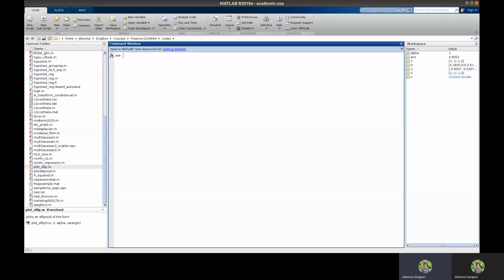Let's say my P is the matrix (1, 2, 0, 0, 4). I plot it with a function that I wrote myself, plot ellipsoid.